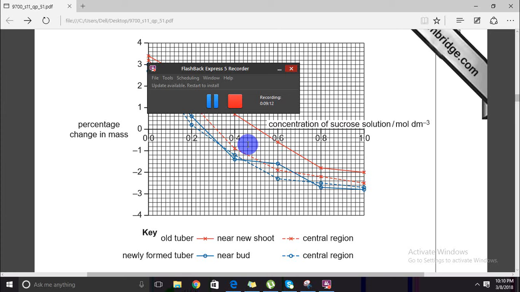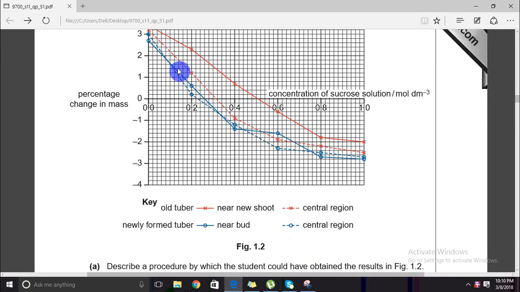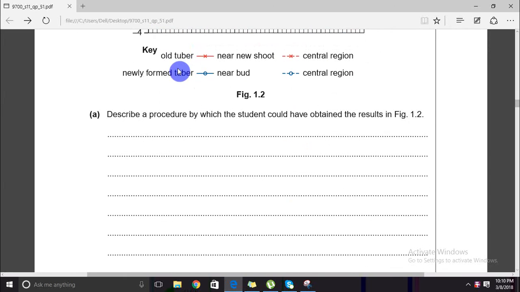Number 3, you need to detail how to get the rest of the concentrations using simple dilution. Number 4, you need to mention that the last concentration is actually 0 molar, meaning this is distilled water, right? So it's not exactly a control, but it's sort of a control.